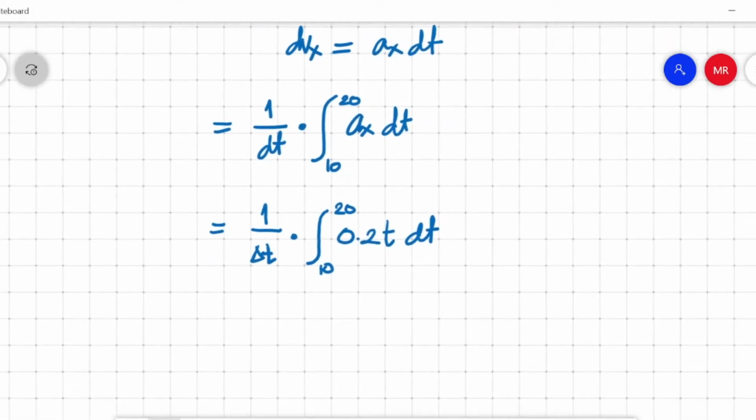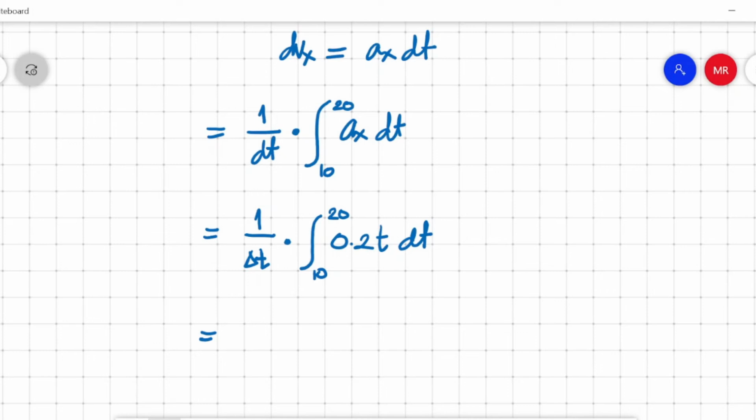So if we will solve this function, this will be 1 over delta t, change in time, 20 minus 10 is 1 over 10 times the integral of 0.2 t dt. This will become 0.2 t to the 1 plus 1 over 1 plus 1. Understood that there is an exponent 1.